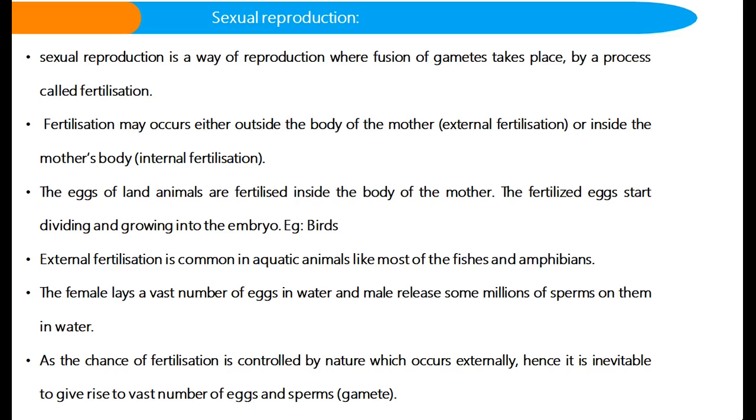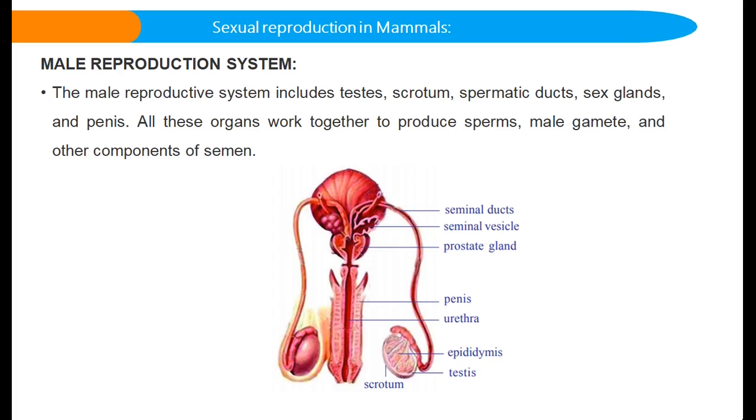As the chances of fertilization are controlled by nature, which occurs externally, it is inevitable to give rise to a vast number of eggs and sperms, that is gametes. So in this fertilization, as it takes place externally, the female and male have to release huge numbers of eggs and sperms so that at least some of them will be fertilized.